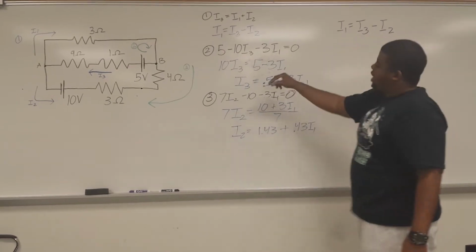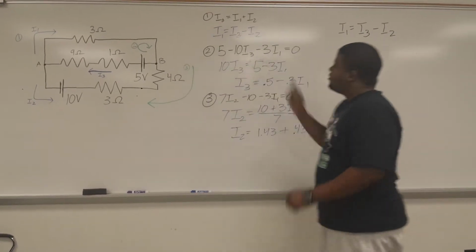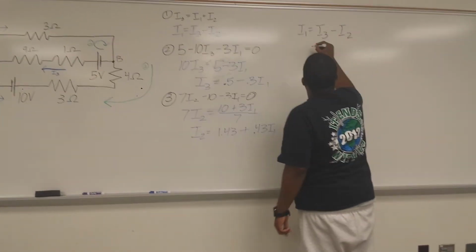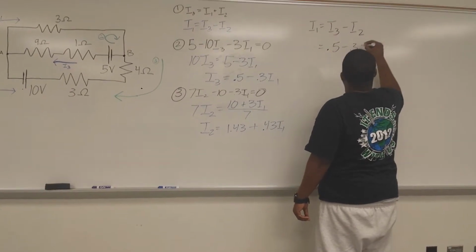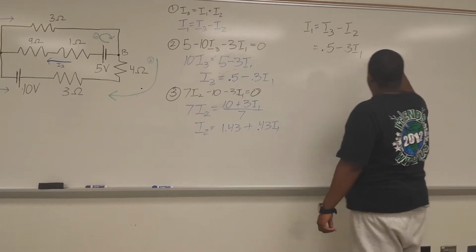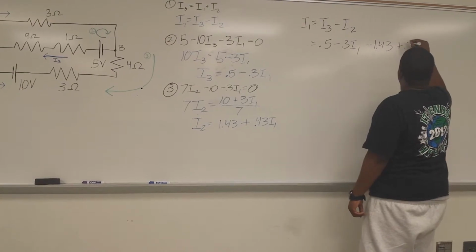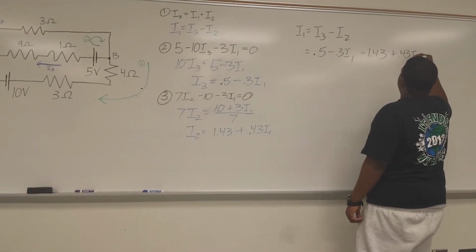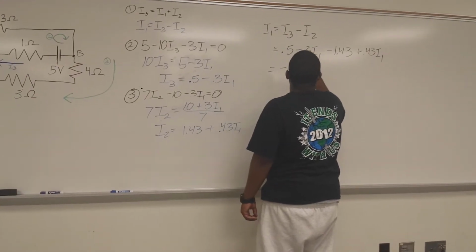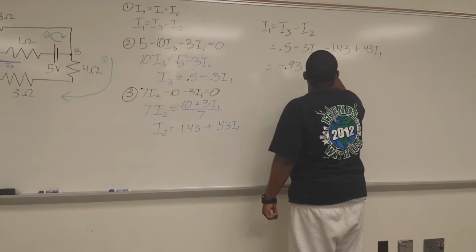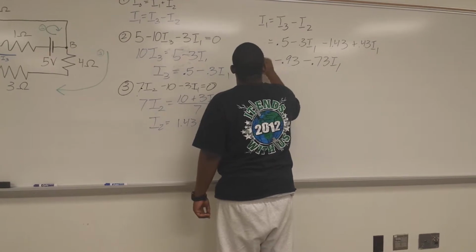So now that I have I3 and I2, I can solve for I1. So 0.5 minus 0.3 I1 minus 1.43 plus 0.43 I1. Now when I add my like terms, I get negative 0.93 minus 0.73 I1, which is still I1 right here.